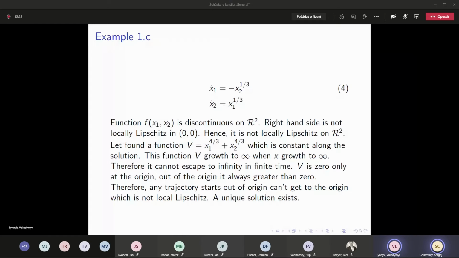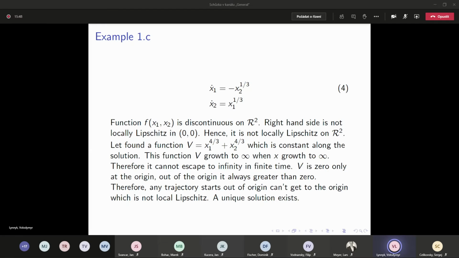Sorry, the function is continuous, but it doesn't have a derivative at the origin, but it is continuous. This is a mistake. I made a copy from another slide maybe and made this mistake.